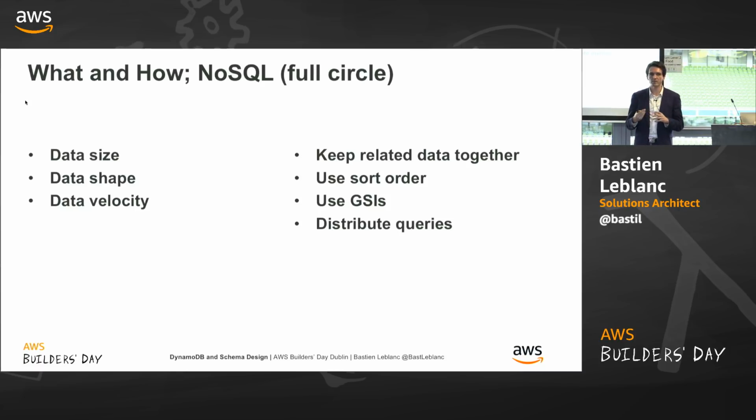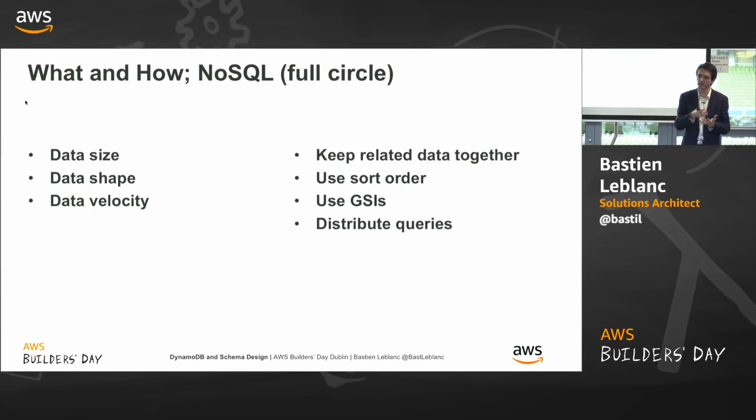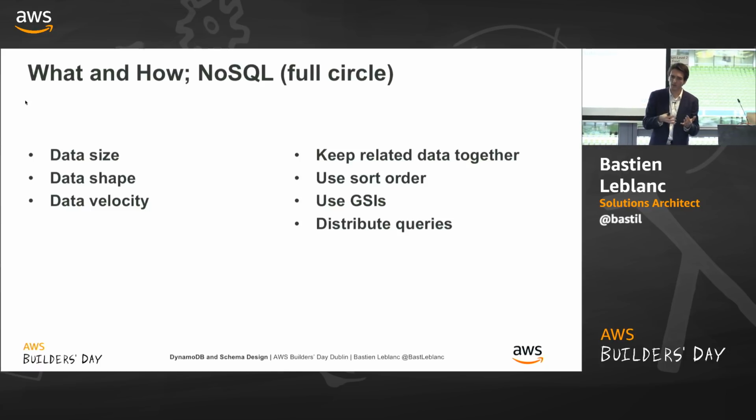Use GSI for all the access patterns. So have one table for the primary usage, and when you have new requirements, think about creating a GSI to answer these new questions, which is probably very different from the main table.